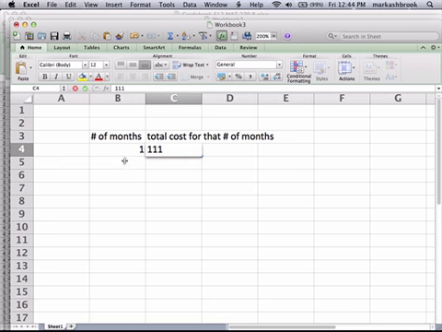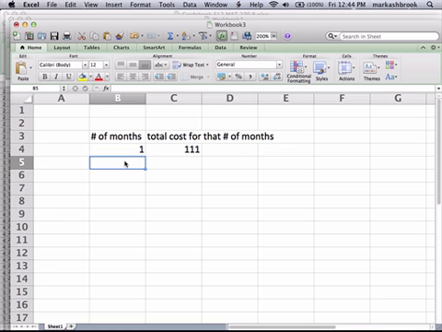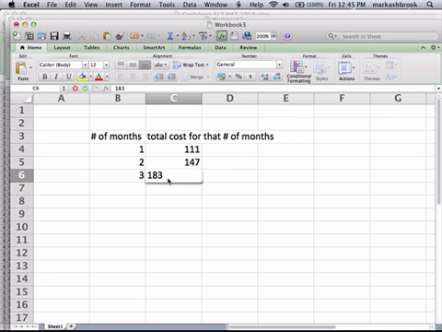All right, there's an even easier one. We can do 2 months. How much will it cost at 2 months? 147. Is that right? Okay, let's do one more. After 3 months, how much does your cable cost? 183. Does everyone see where these numbers come from?